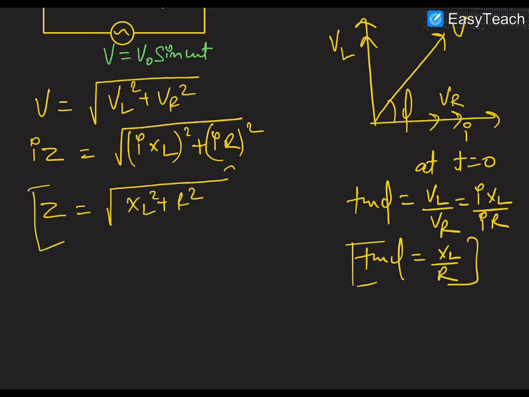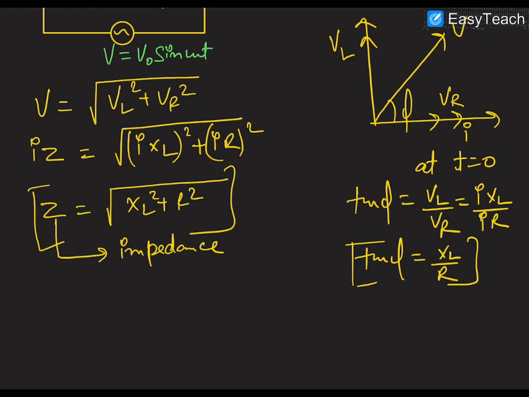This is the impedance. We have already discussed that in alternating currents, any circuit which is a combination of R, C or L offers some opposition to the current, and that opposition combined is called impedance Z.